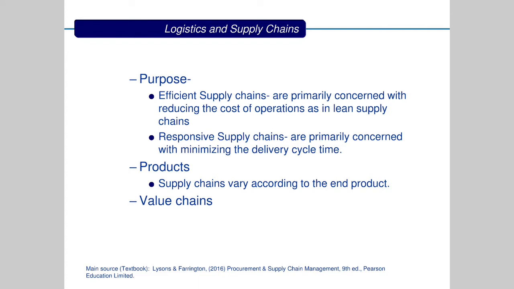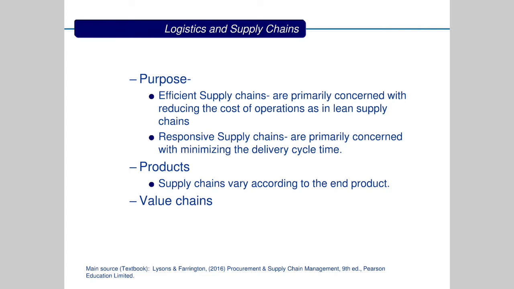And according to purpose, another type of supply chains can be called responsive supply chains, and they are primarily concerned with minimizing the delivery cycle time. So they want to respond fast. Like a customer is ordering for some item, so it doesn't mean that efficiency is important only, but sometimes time, how fast you can respond to the critical need of the customer, you need responsive supply chains for that purpose.